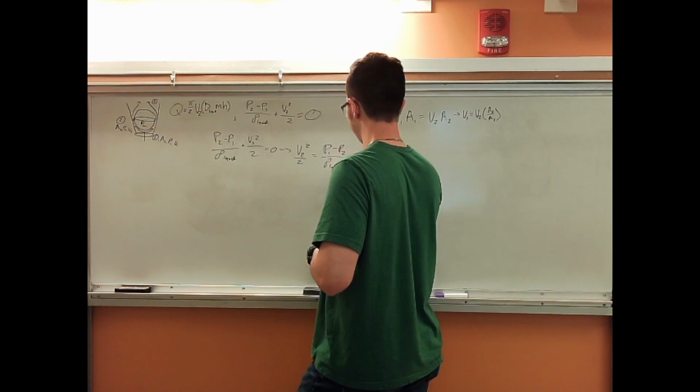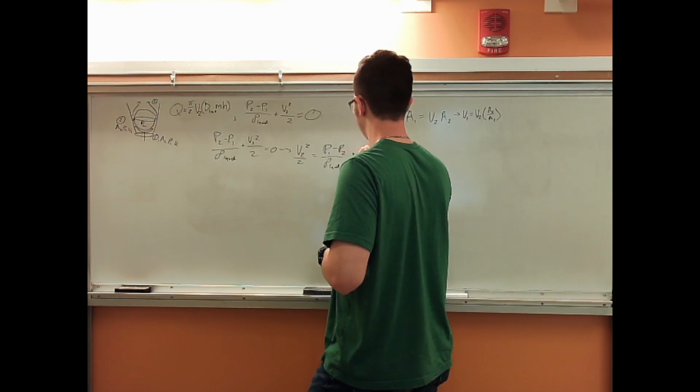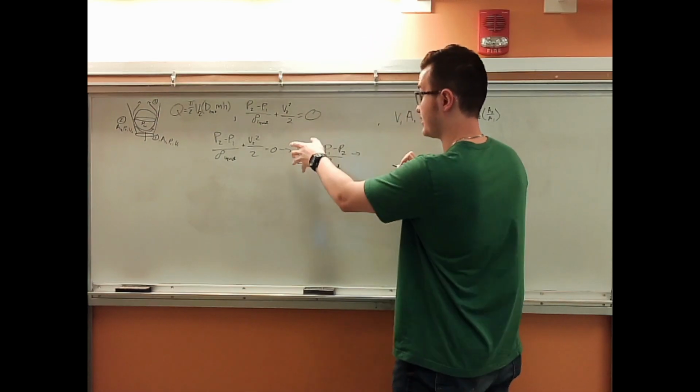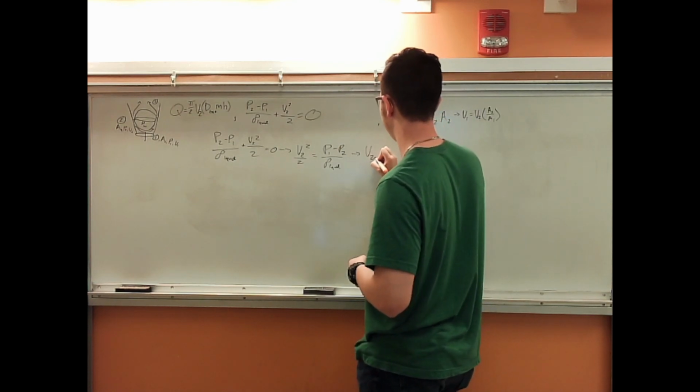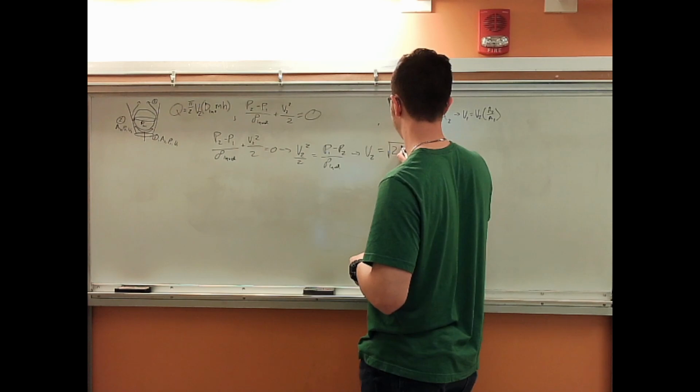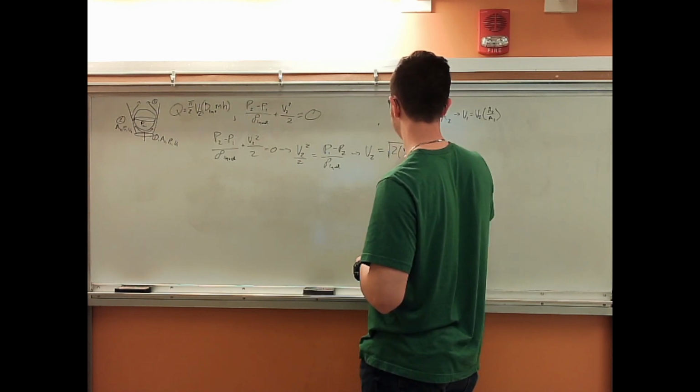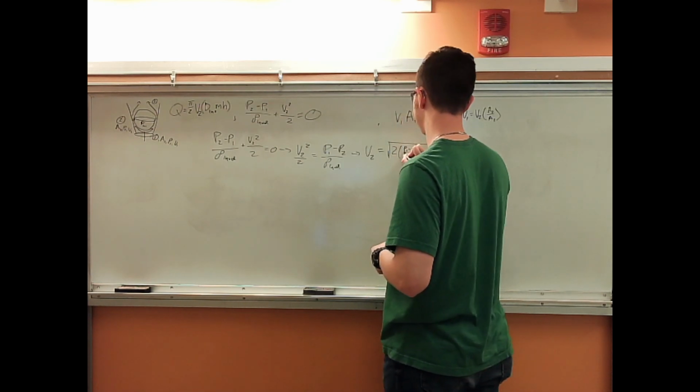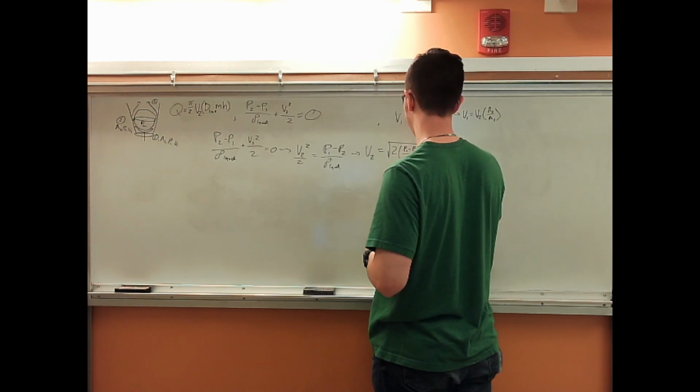And this, of course, to isolate V2, is equal to the square root of 2 times the difference in pressures between state 1 and state 2 divided by the density of the liquid.